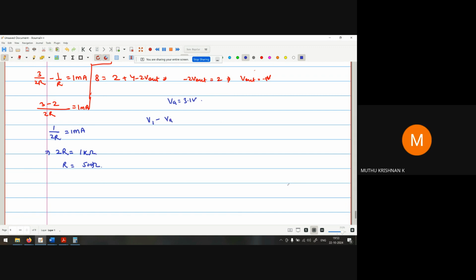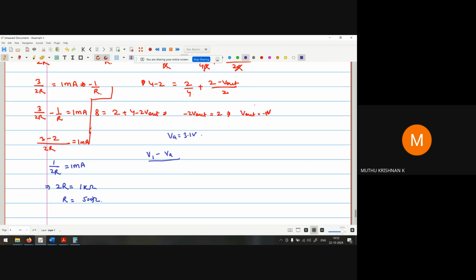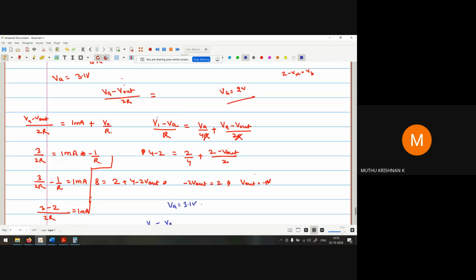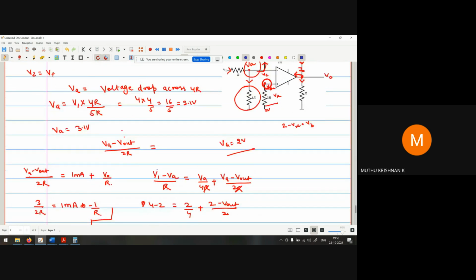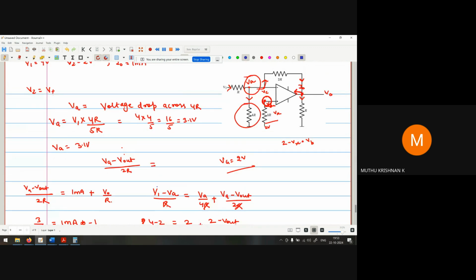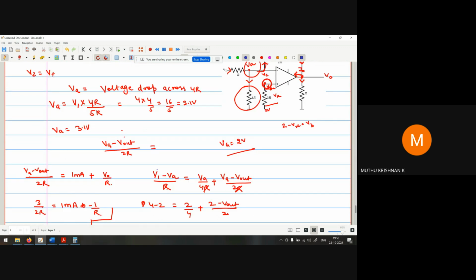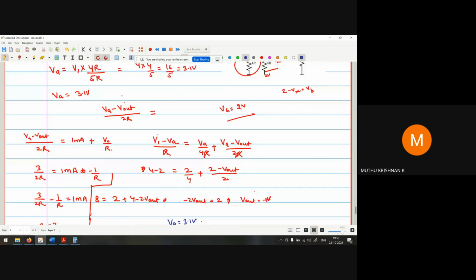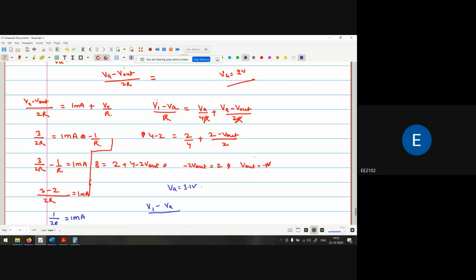Sir, till V out equals minus 1, everything is correct. So I got V out... 2R equals 5. It is 2 plus 1, 3 upon 2R, and this 2.